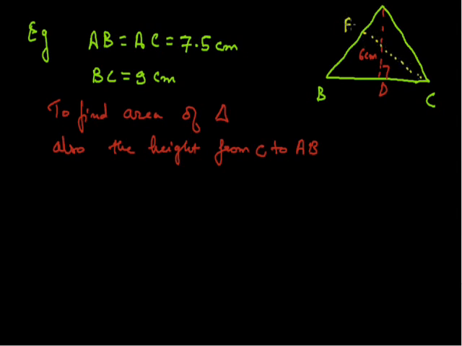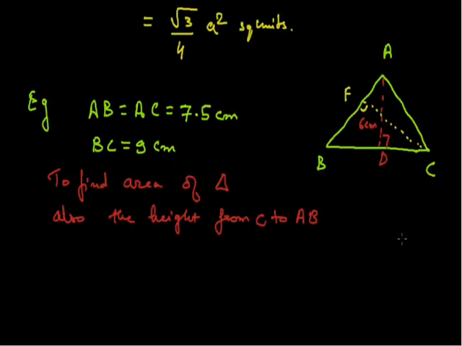So first let us calculate the area of this triangle. The two sides are equal, each 7.5 centimeter, and BC is 9 centimeter. First we will calculate the area using the height and the base which are already given, that is AD and its corresponding base BC.